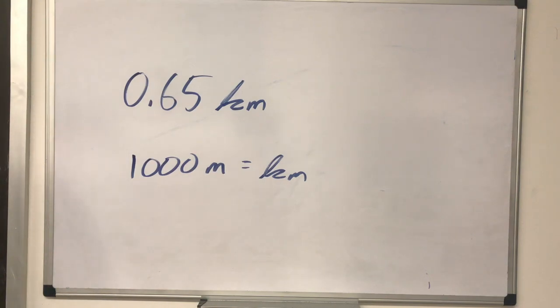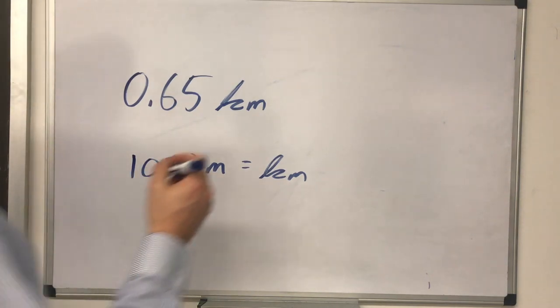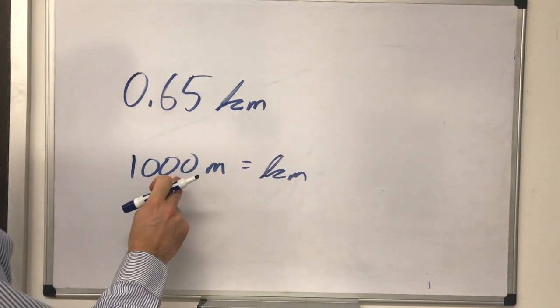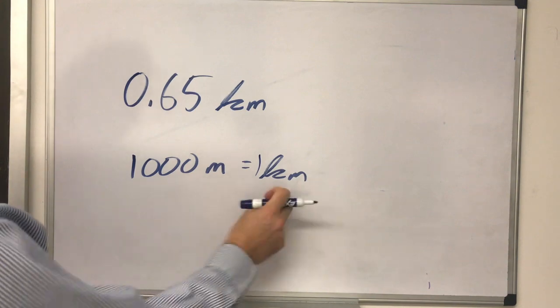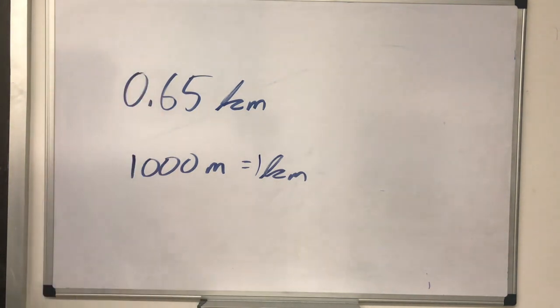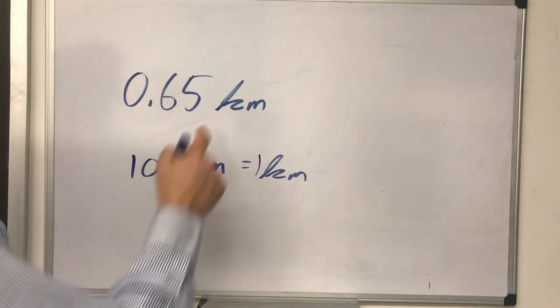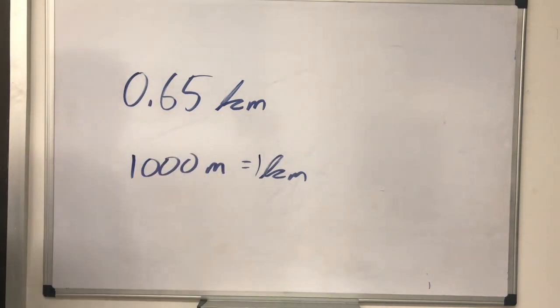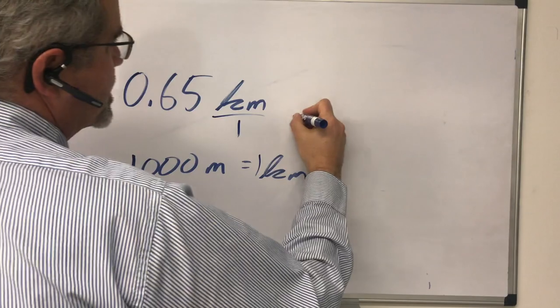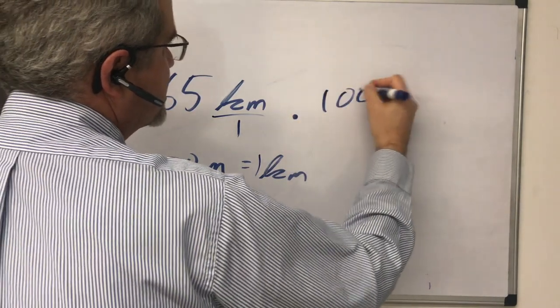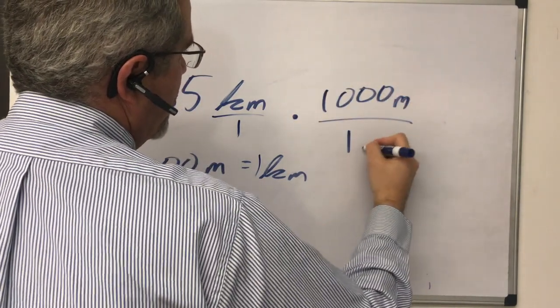So what I would do is take this, and if I have a fraction with 1,000 meters and 1 kilometer, those are equal, so I can multiply it by something. Since this is on the top, it's in the numerator, you can imagine it's over 1, right? I can multiply this whole thing by 1,000 meters divided by 1 kilometer.